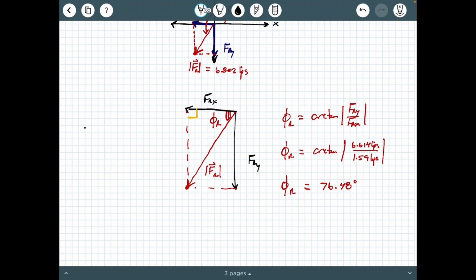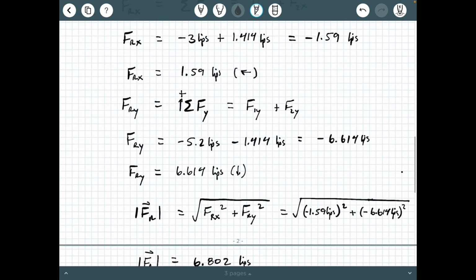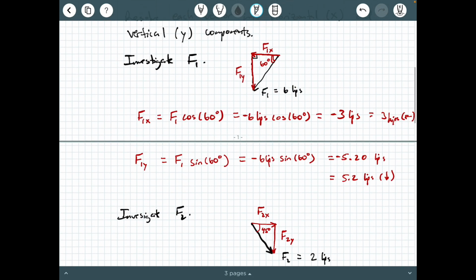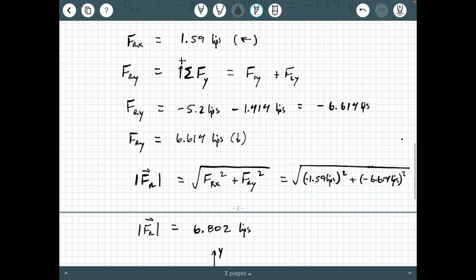The problem asks you to calculate theta sub r, and it says in the problem statement, measured counterclockwise. I'm sorry. Did it say counterclockwise or clockwise? It says clockwise from the positive x-axis. I'm sorry.